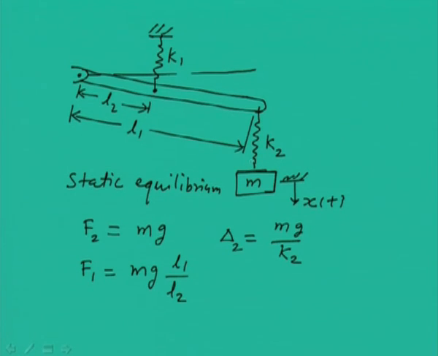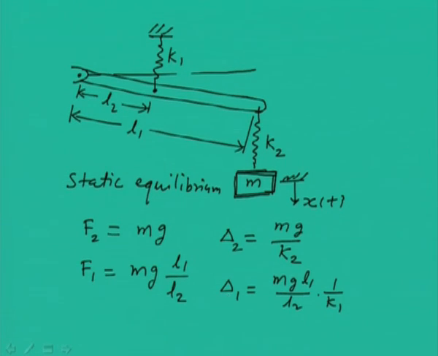Similarly, we can get the extension of spring 1, which will be the load acting divided by the stiffness K1. And now we want to know how much this particular mass is displaced due to delta 2 and delta 1 displacement.